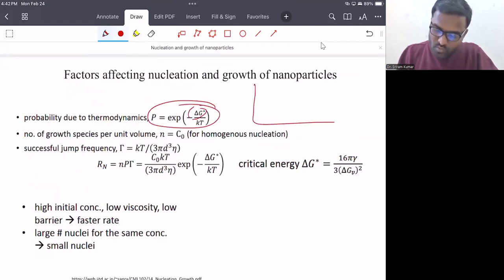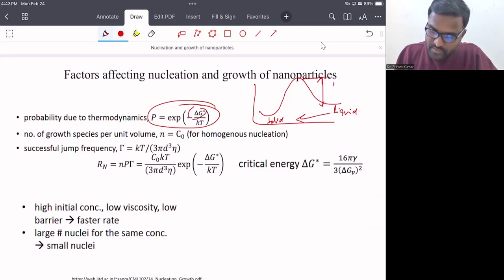So if you want to know the energy difference here, this is for liquid and this is for solid. And if we are making solid from the liquid state, between liquid and solid, we have that energy barrier, right? And that is the activation energy. And from the solid to liquid, there is an increase in the activation barrier.